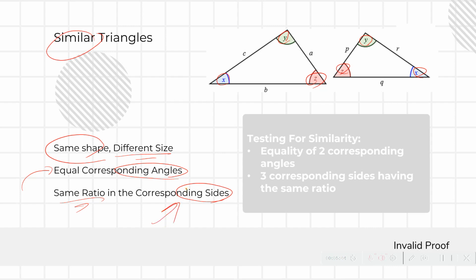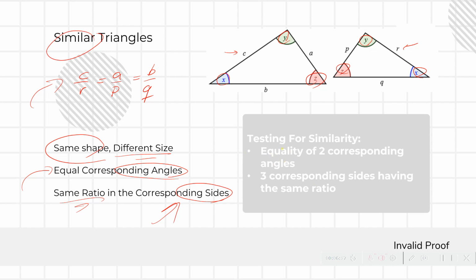But corresponding sides having the same ratio means that if the c side corresponds to the R side and the rest, and you can see the rest, we will have C on R equals A on P and finally B on Q. And this is going to help us find the answer and calculate the length of AC in our question.